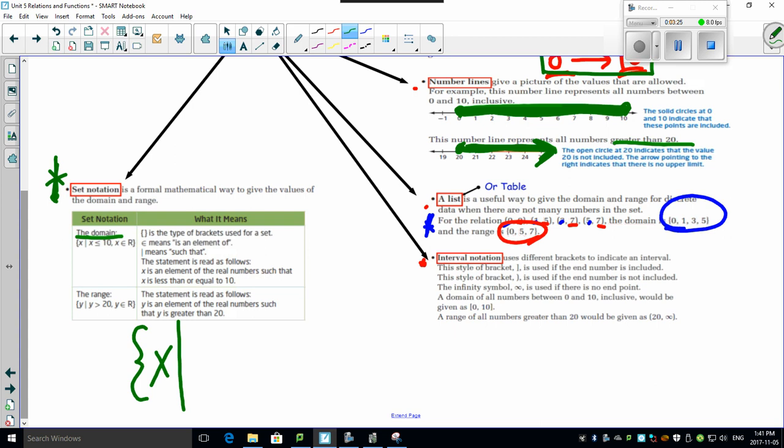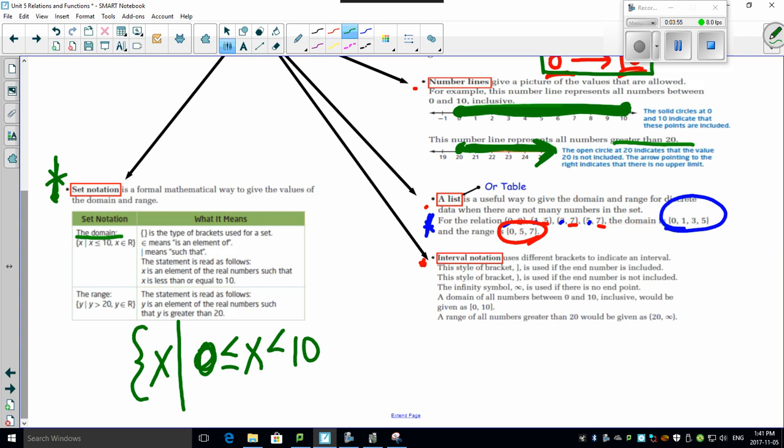Remember, you wanted all the values between 0 and 10, including 10 and including 0. So since x appears between the 0 and the 10, put the x between them. You want all the values that are bigger than and equal to 0, and all of the values that are less than and equal to 10.